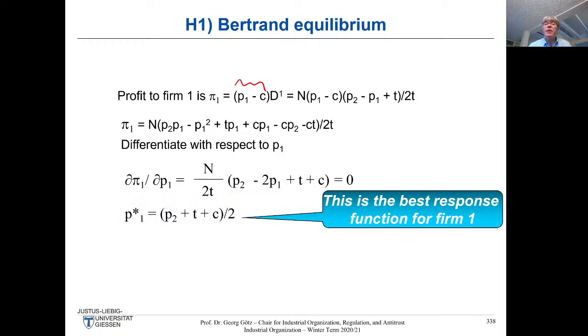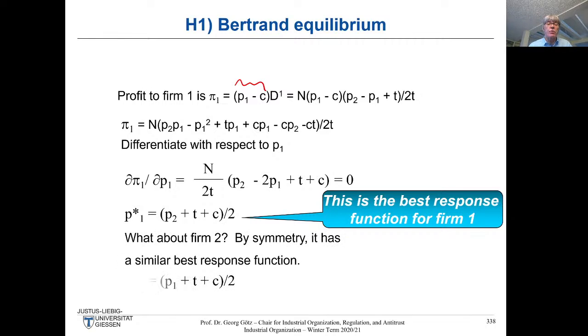Okay, and I think, I just forgot whether we have that on the others. I think it's on the next slide. Of course, what is clear here is that the best response function for firm 2 will be just analogous. It's symmetric. So instead of price 2 here, we will have price 1 here and just the opposite.